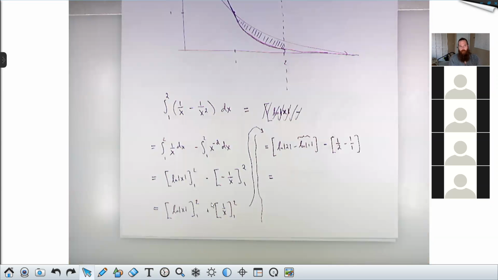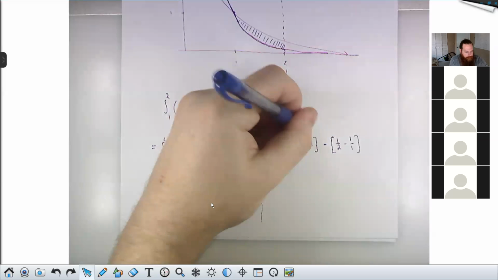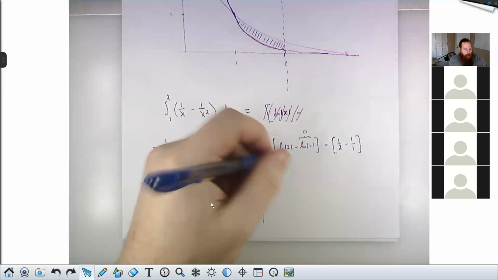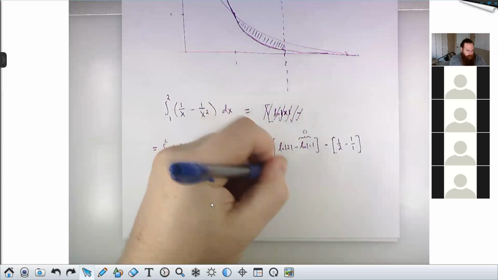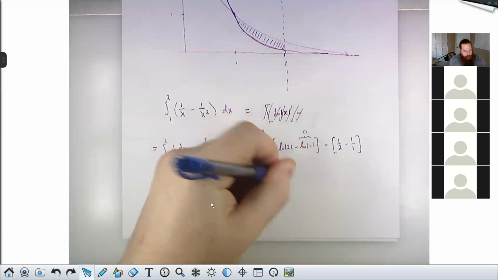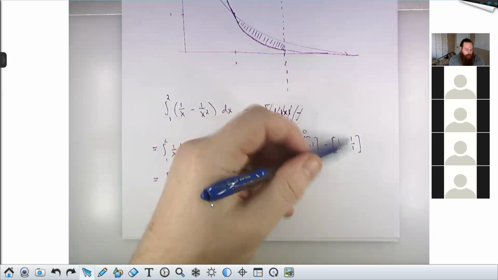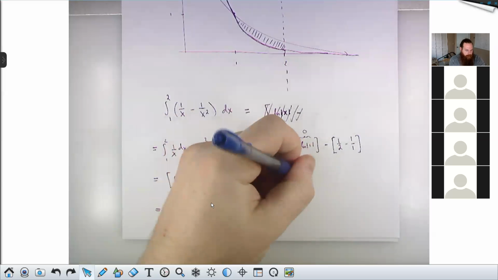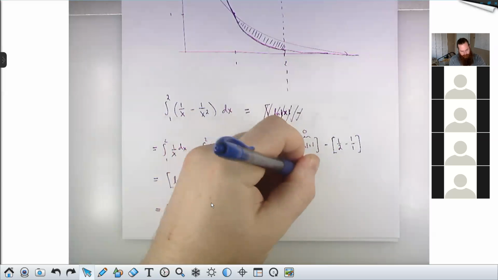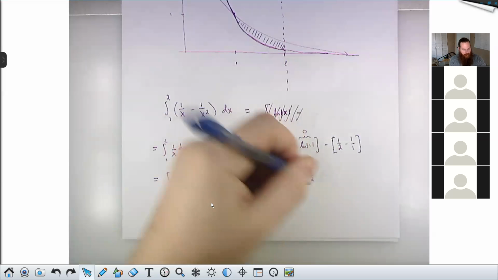No, it's neither e nor 1. Yeah, it's 0. The natural log of e is 1. The natural log of 1 is 0. ln2 is not a nice number. We can just leave it as ln2. And then from that, we need to subtract this, which is 1/2 minus 1, or negative 1/2. So it'll be minus negative 1/2, which is the same as plus 1/2.